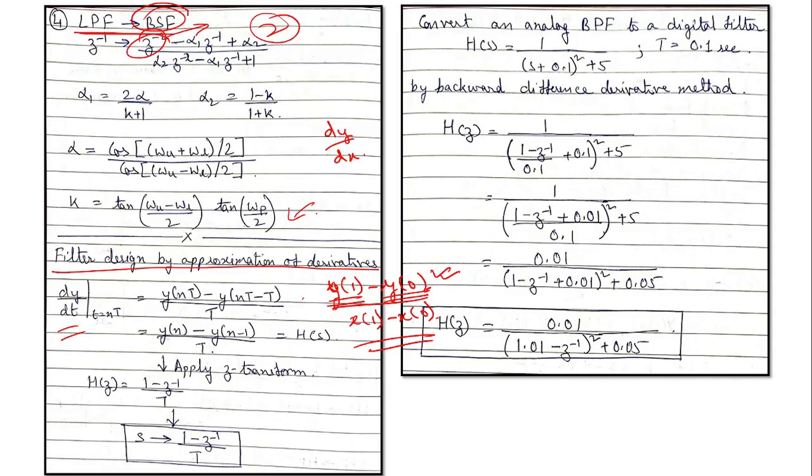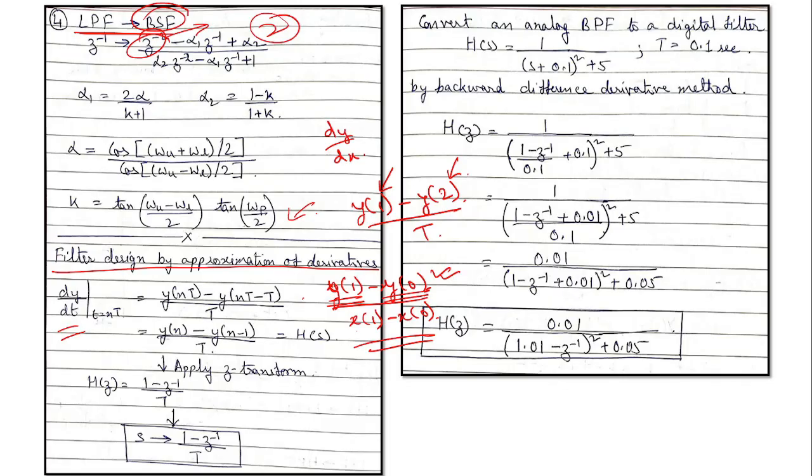However, there is another difference method where we can use the value y2 minus y1 divided by capital T. But this is the futuristic value if we consider y1 as the present value. So this is called the forward difference method for the approximation of the derivatives.